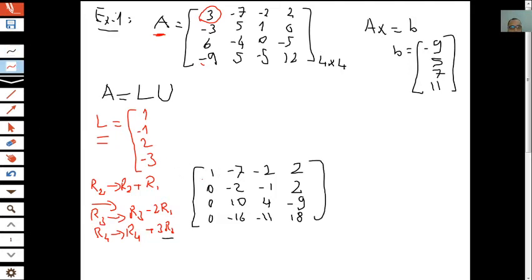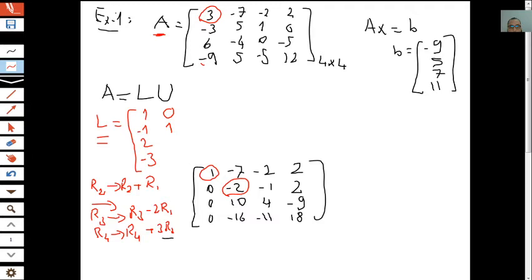Okay, this is the first pivot position, and now we are finding the second pivot position, which is located in the second row. The leftmost non-zero number is minus 2, and before the row operations we will construct the second column of the matrix L. You know, we have a triangular matrix. The first entry will be 0, the second entry will be 1.